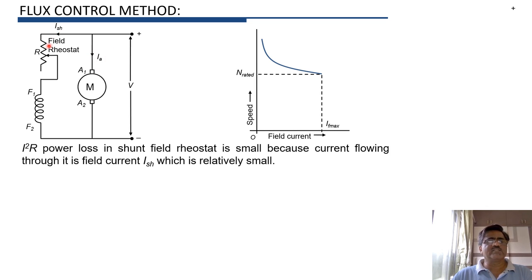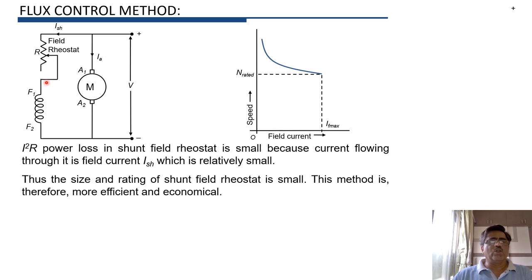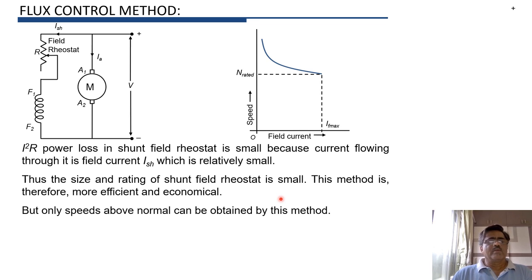And as ISH is relatively small, the loss of power in field rheostat, that is ISH square into R, is small as compared to the armature voltage control method, and therefore this method of speed control is more efficient and more economical as compared to the first method, that is armature voltage control method. But the drawback is, in this case, only speeds above normal or rated speed can be obtained.